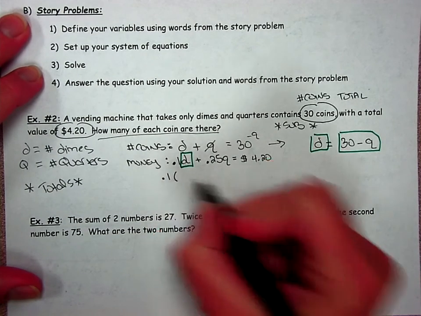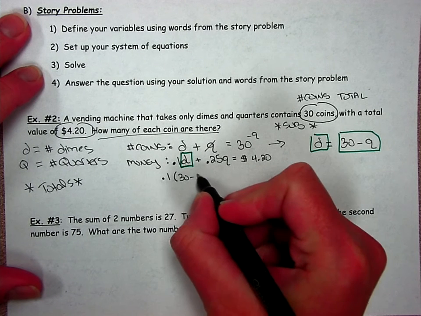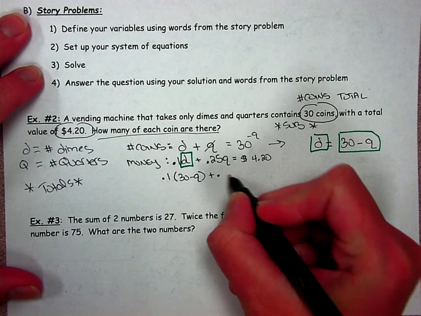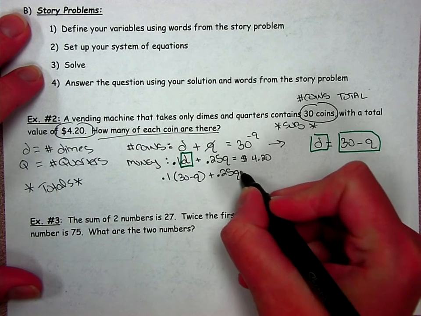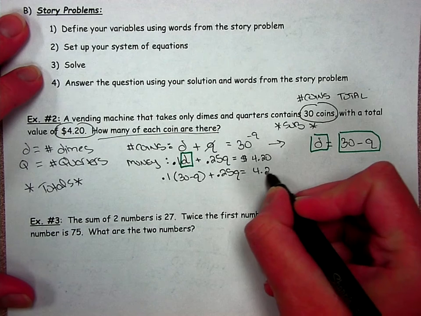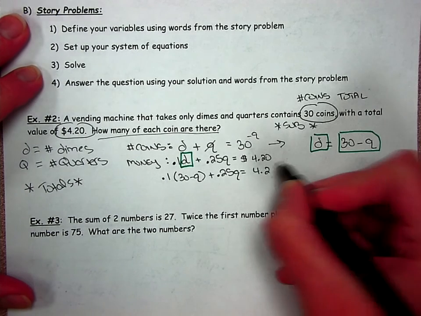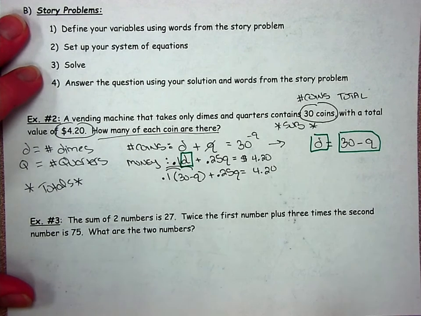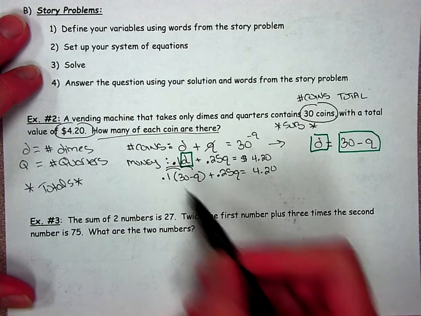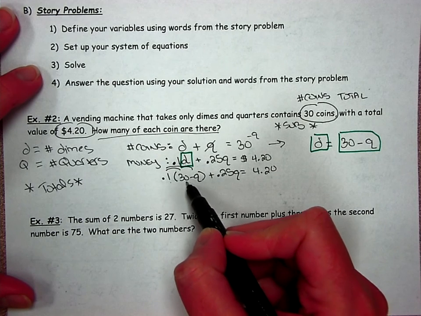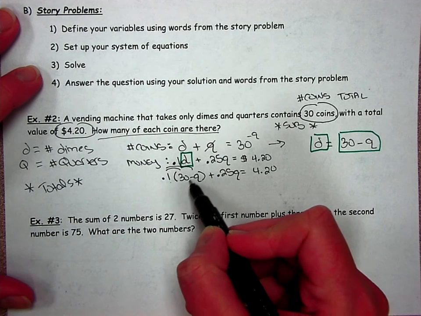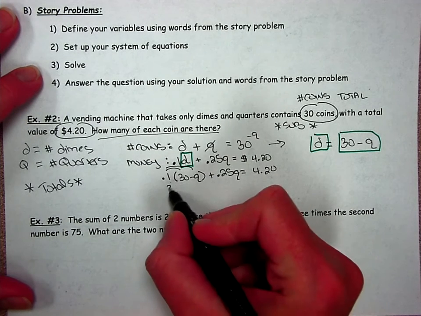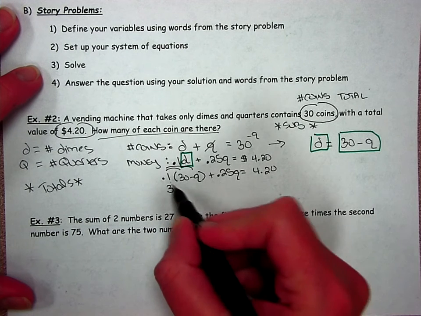So I have 0.1 times (30 minus Q) plus 0.25Q equals 4.20. Let's distribute. So 0.1 times 30, that's going to move the decimal one place to the left, so that's going to be 3.